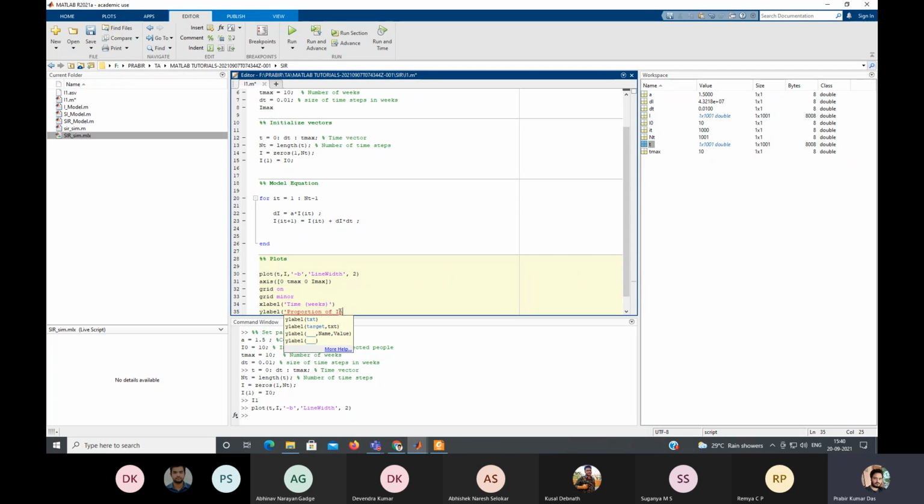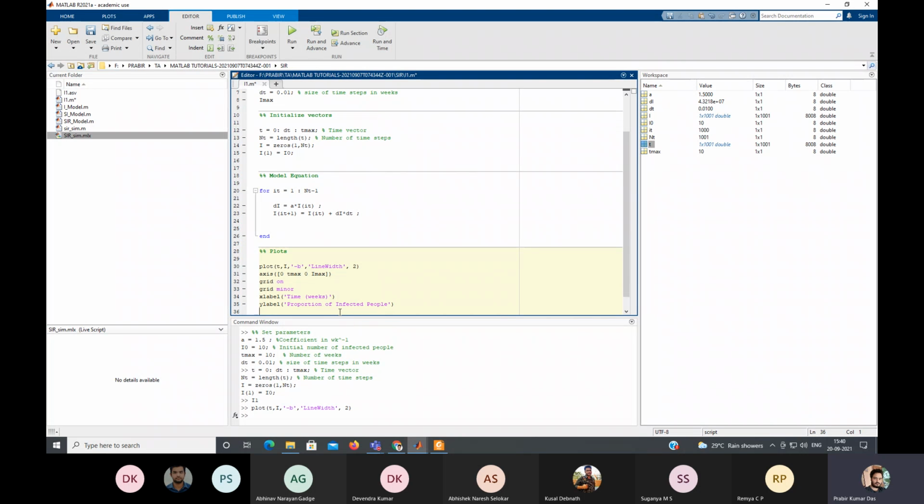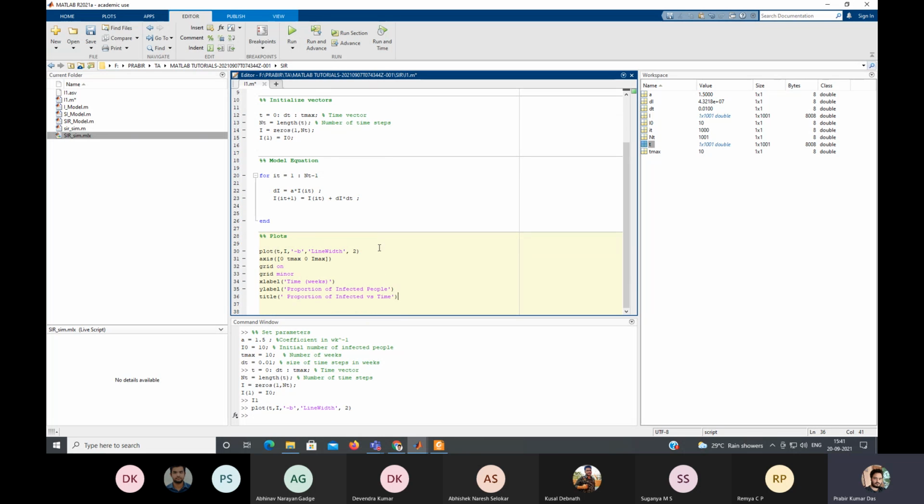Proportion of infected. We add one title, that is, okay.